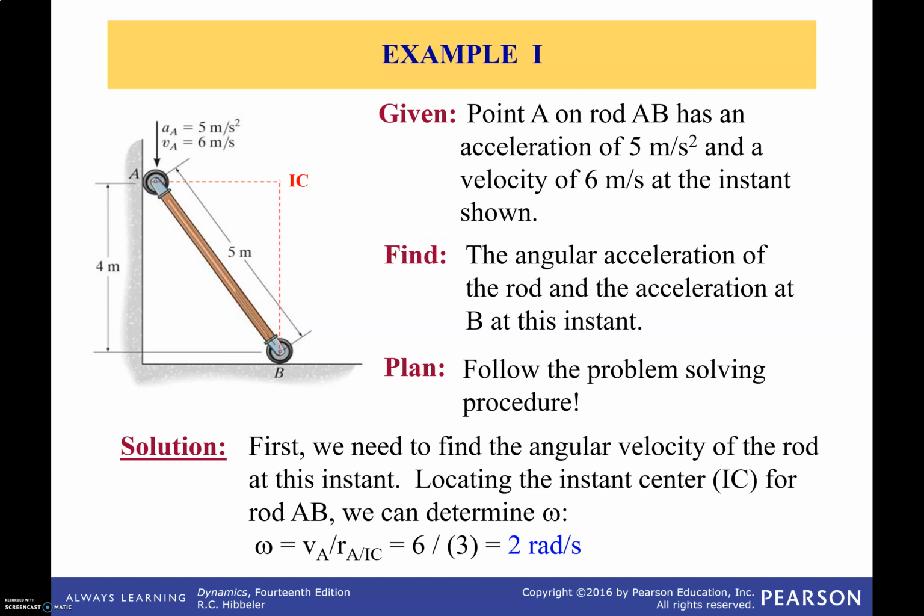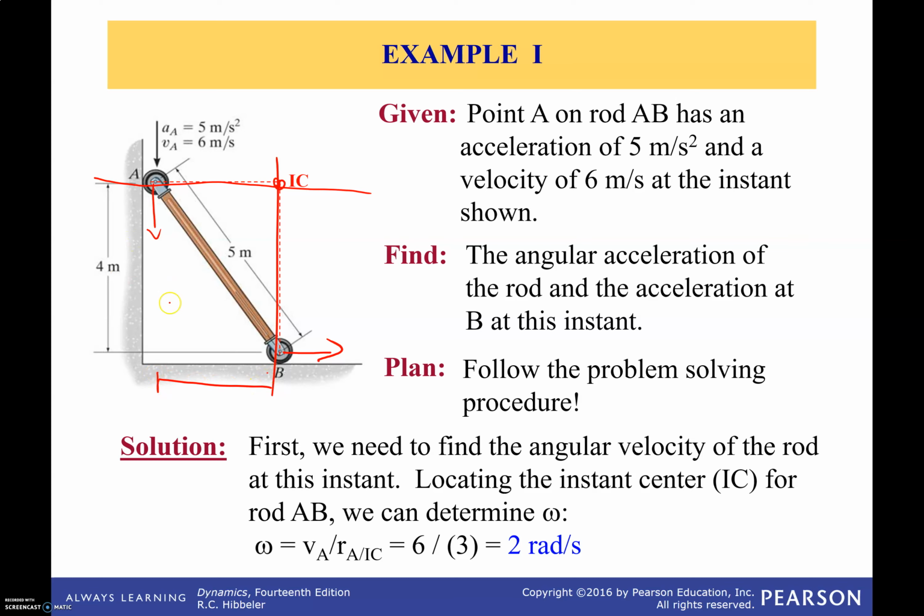To find the IC, remember this point has a velocity going that way, and this point has a velocity going that way, so we can take these two lines. This is the IC, the point that intersects those two lines. Then we can use geometry: we know the velocity of A, and we know this distance here.